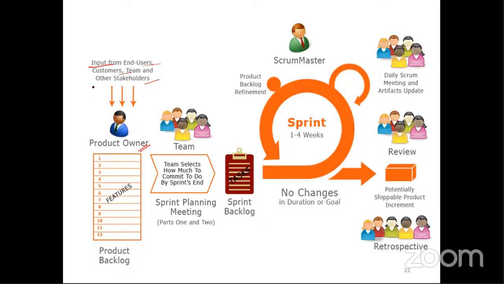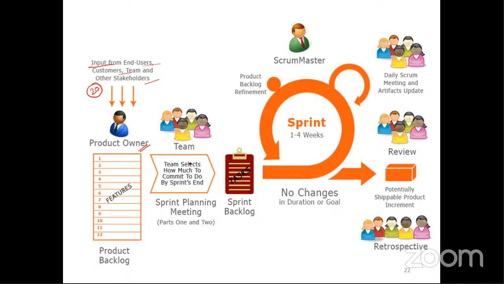So suppose there are 20 requirements or 20 sets of user stories as input, then those are added to the product backlog. Product backlog is nothing but the feature list. Based on the different features, a team has been selected.